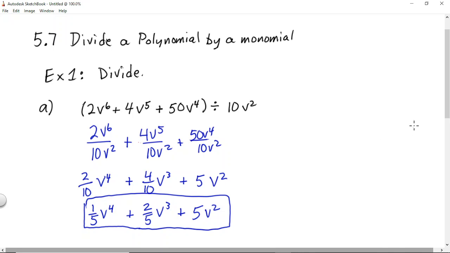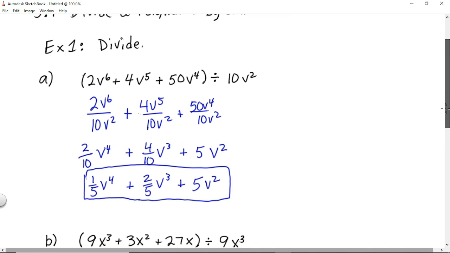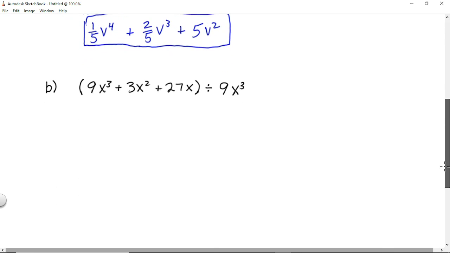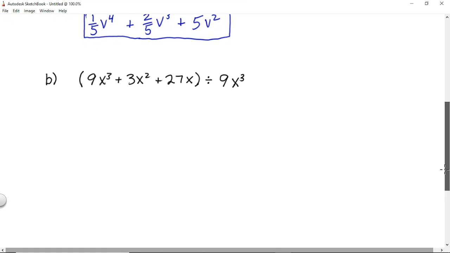Okay, so let's look at one more. So this is similar. We have a polynomial divided by a monomial. We take each of those terms and divide it by the monomial.